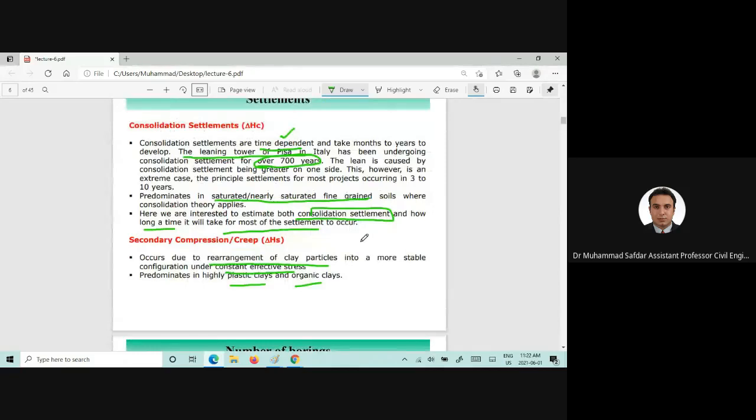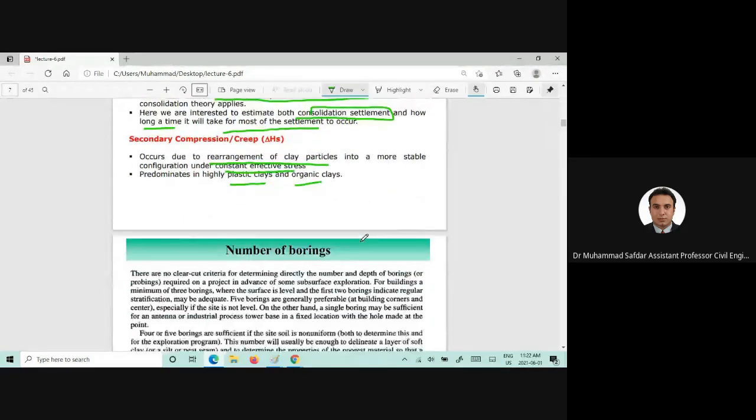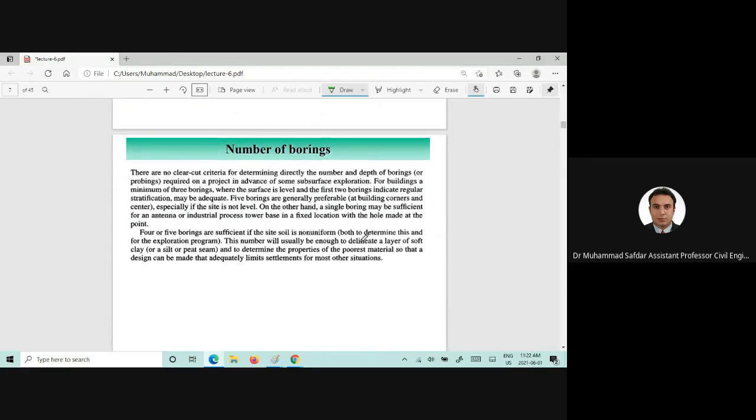Now, we need to estimate the settlement, and in order to do so, we need to collect samples from the field. So if we are given a building, a plaza, or a multi-story building, these types of structures require different types of borings.